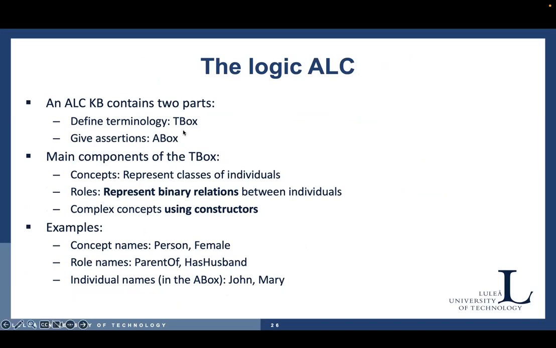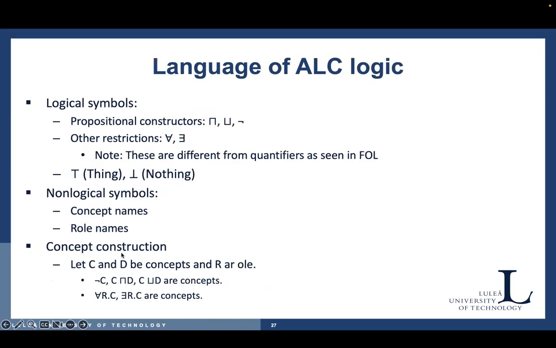So as previously, we have T-boxes, A-boxes, concepts, roles, which represent binary relationships between individuals, and complex concepts, which we can construct using different logical operators. And here are the examples. What we are doing now is formalizing.